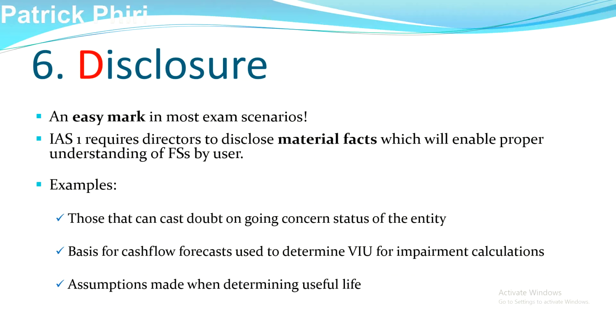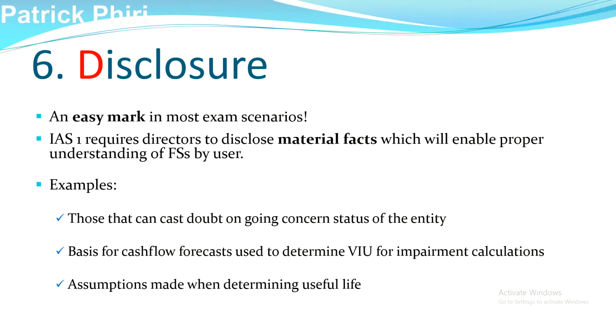Examples of these, those that can cast doubt, for example, on going concern status. You have a scenario where you're dealing with IAS 37, for instance, provisions. There's a pending court case that the entity is dealing with. Okay, so depending on the outcome of that case, if things go against the entity, depending on how material that could be, it could cast doubt on the entity's going concern.